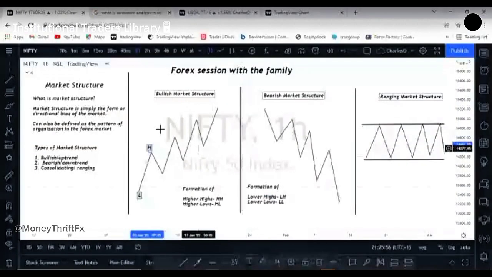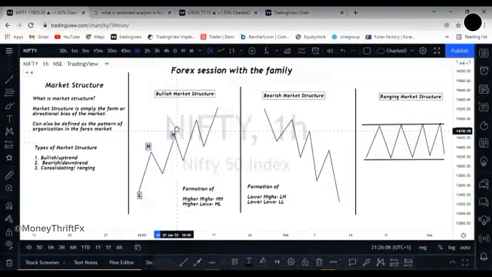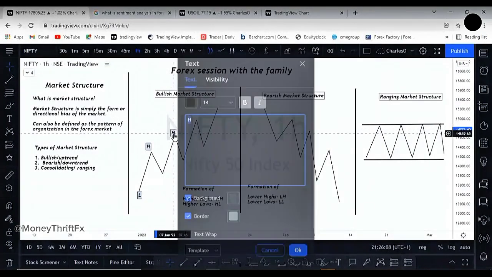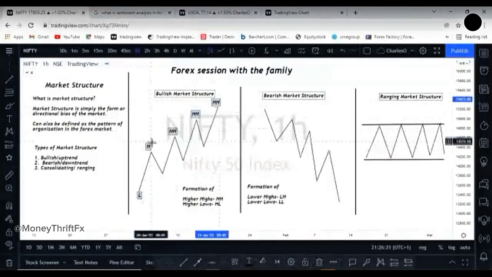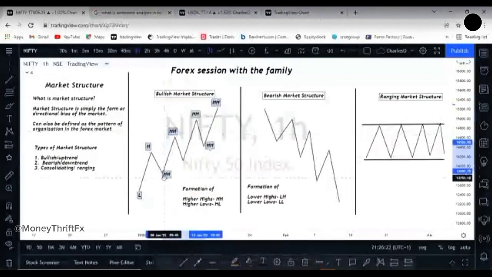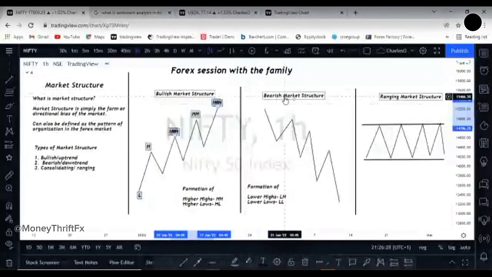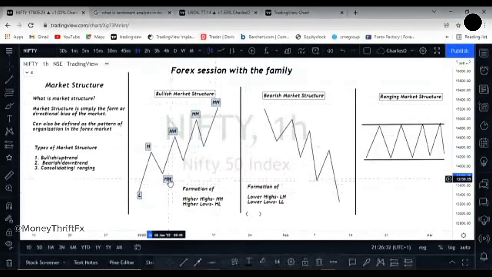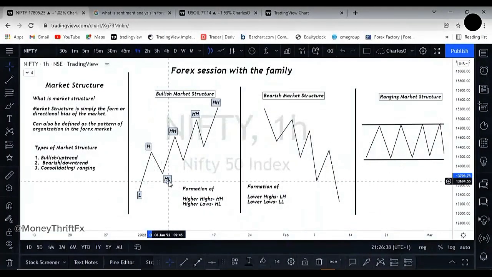Then we have a higher low. Then let me just clone them.